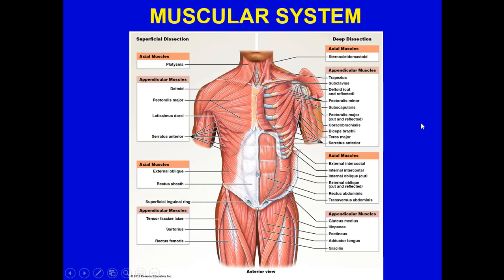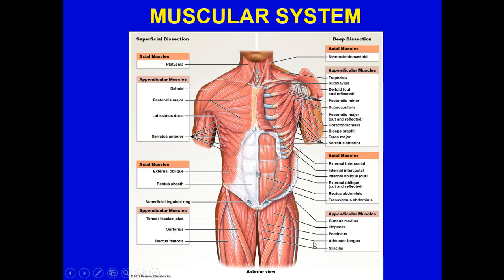Okay? Now, we're going to eventually get into the appendicular muscles down here. The biggies, of course, I want you to be aware of are tensor fasciae latae, the sartorius, the rectus femoris, the gluteus medius, the iliopsoas, right here, the pectineus, right here, the adductor longus, which we're going to get into, and the gracilis, which is right here.